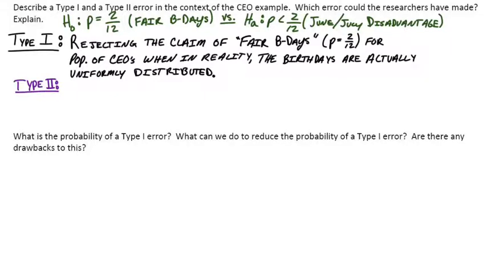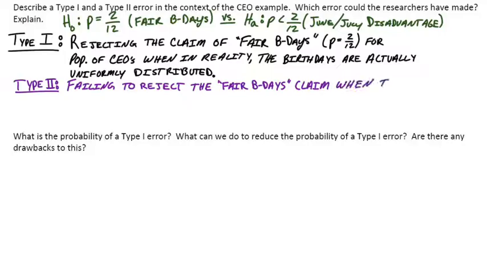Okay, how about for a type 2 error? And I'll use purple for this one. Remember, for type 2, it's fail to reject. So we fail to reject that fair birthdays claim, right? So a type 2 error in this case would be failing to reject the fair birthdays claim when we actually should have, because, like the sample data suggested, apparently June, July birthdays would be a disadvantage, right?